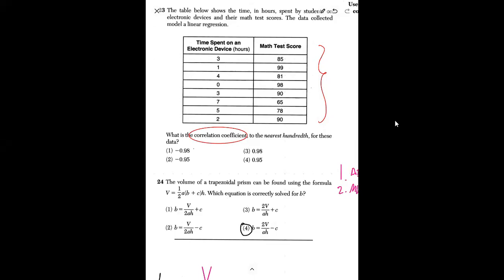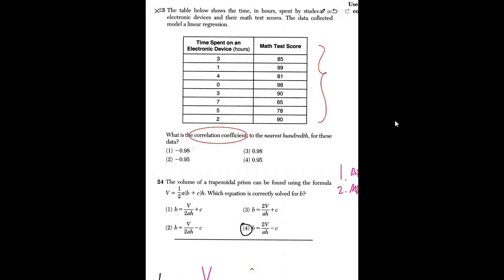One is the total number of hours that were spent on electronic devices. And the other column is the math test score. So they tell you that this data models a linear regression. So they're telling you it's going to kind of look like a line. It's not going to be perfectly linear, but it's going to be like a line. And then they say, what is the correlation coefficient to the nearest hundredth for these data?